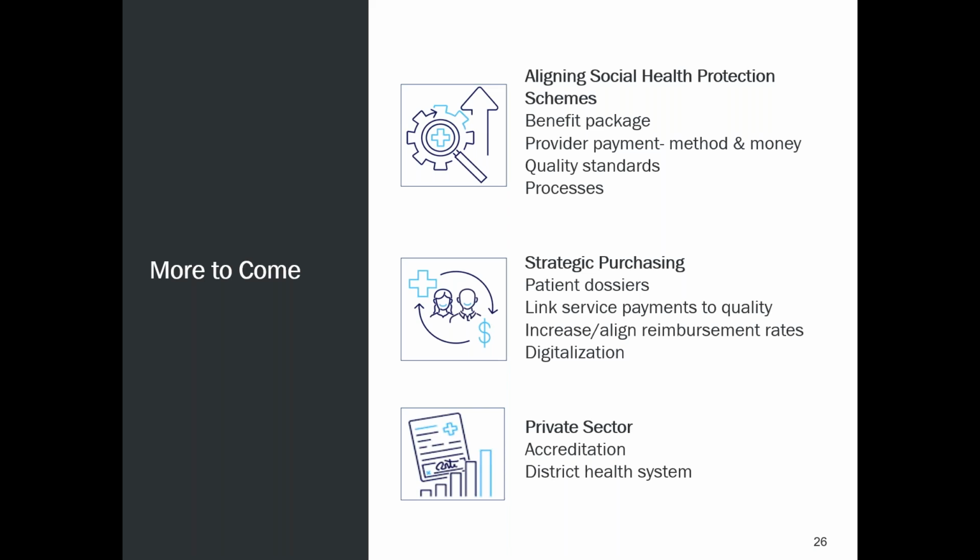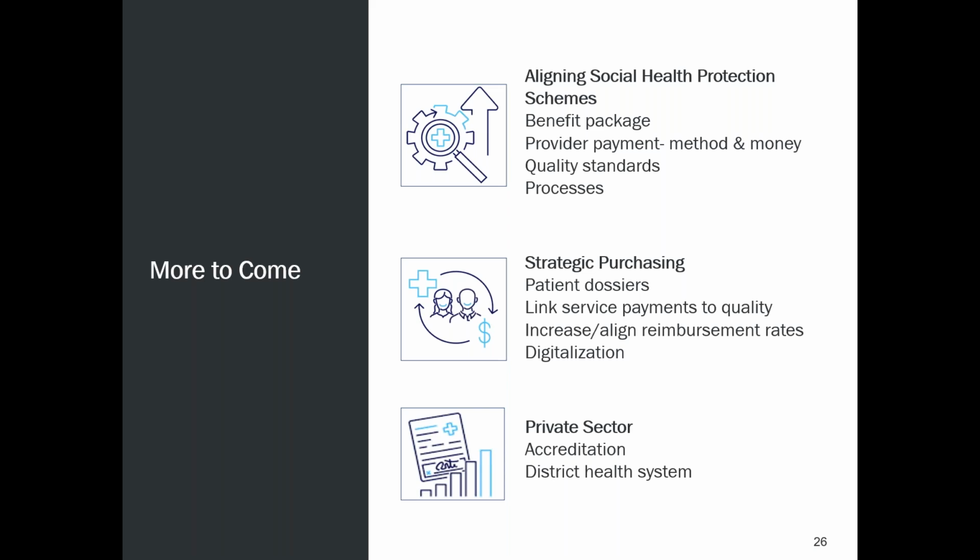So there is no cream skimming, or no prioritization of one social protection scheme over the other. At the moment, both schemes somehow purchase access, but they don't really purchase services against any quality standards. So we recommend to at least set the basic criteria for standards, and then also to align the processes of both schemes, as they have different patient registration systems, different billing methods, different verification systems, and different IT systems.